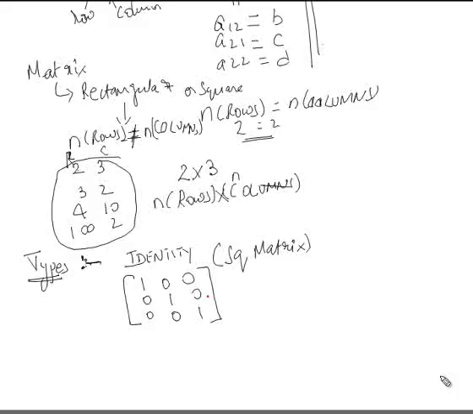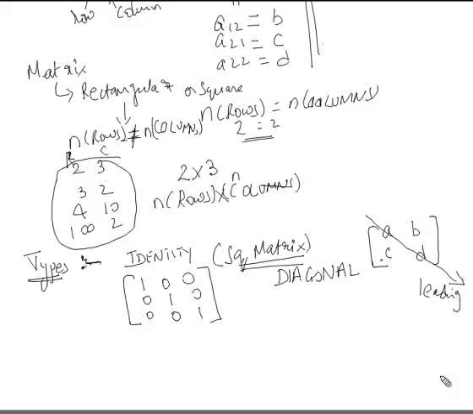When I say it is a square matrix, I can associate a diagonal with it. If I take a general square matrix A, B, C, D, this line is a diagonal. It is called the leading diagonal.